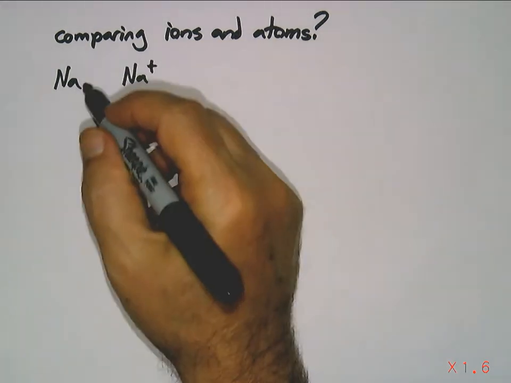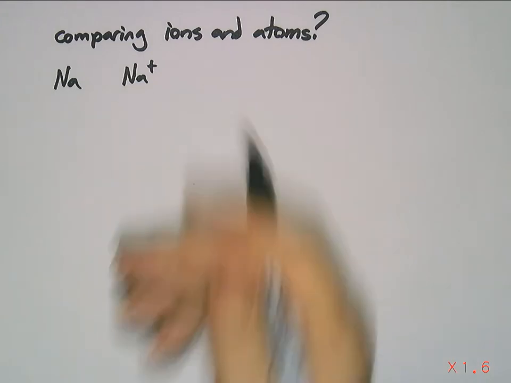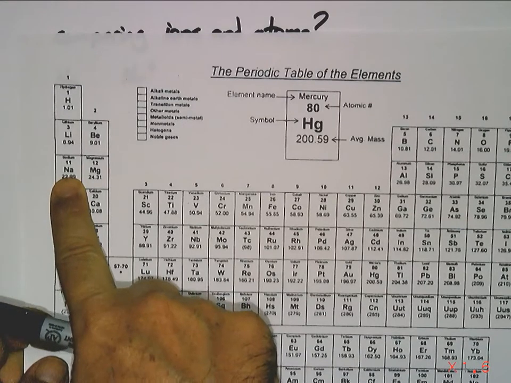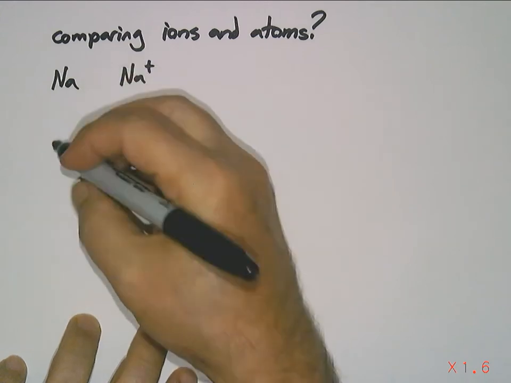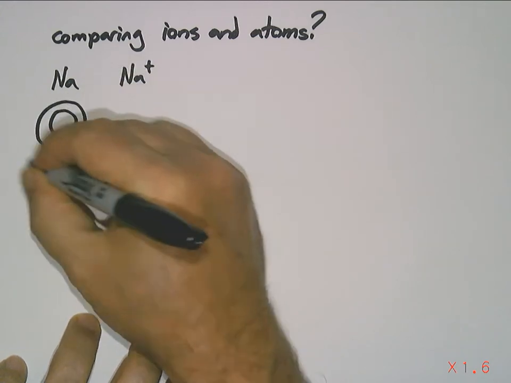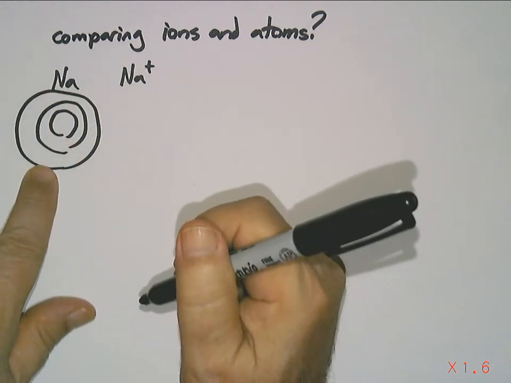Okay, well, a sodium atom has got 3 shells, and it's got a 3s1 valence shell. So 1 electron in its valence shell.